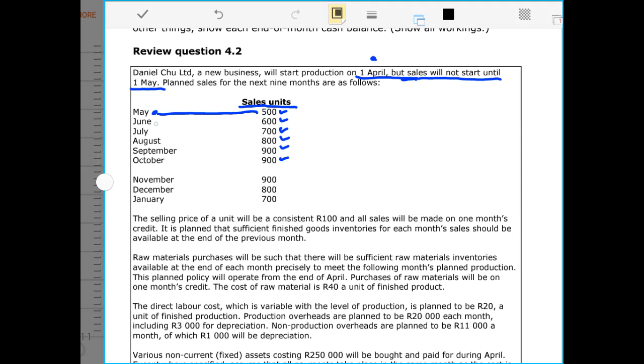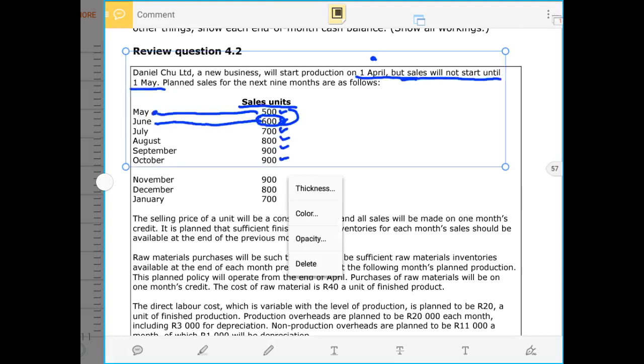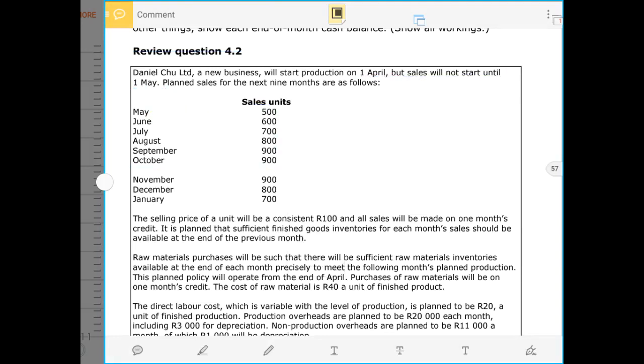Meaning now in June, when you see the expected sales in June, which is 600 units that are expected to be sold, these units were produced or manufactured in the month of May. So now the sales of the current month is the production of the previous month. So that's what in summary this says so far.